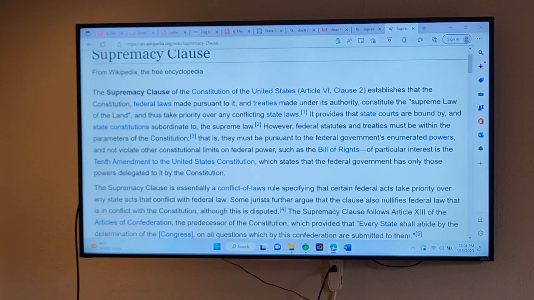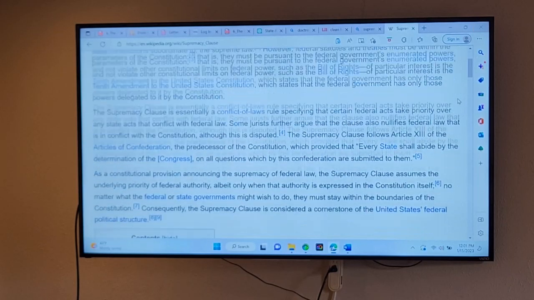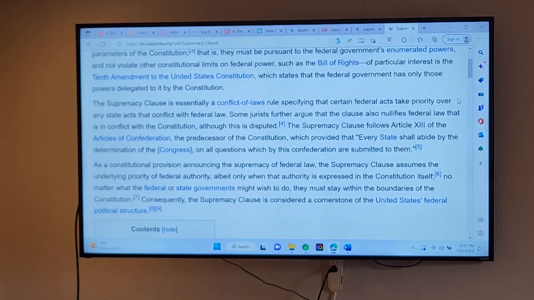Of particular interest is the 10th Amendment of the United States Constitution, which states that the federal government has only those powers delegated to it by the Constitution. The Supremacy Clause is essentially a conflict of laws rule, specifying that certain federal acts take priority over any state acts that conflict with federal law.